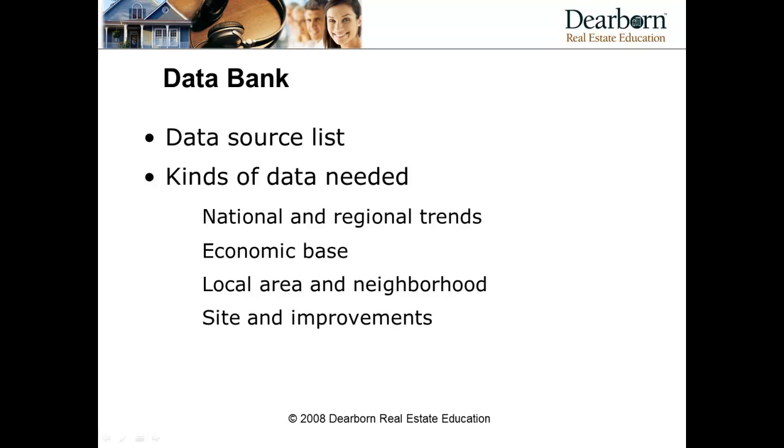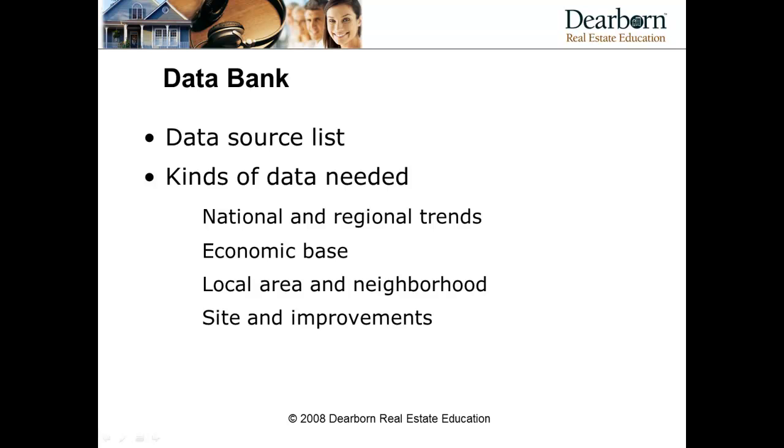But there's some special occasions where you may need to make phone calls to some of these secondary sources or national sources to fill in holes in your knowledge or what you've accumulated.